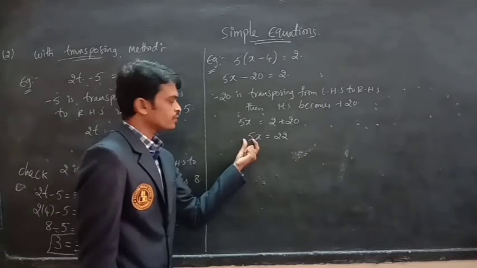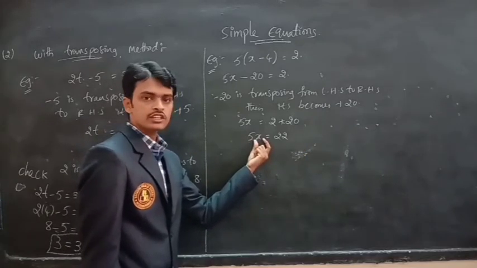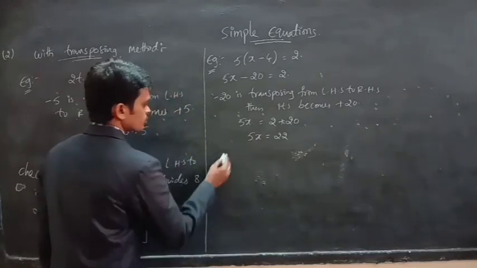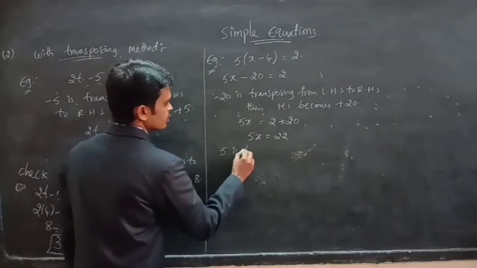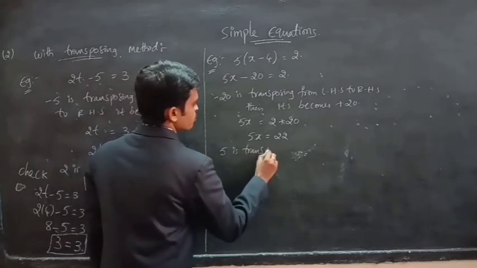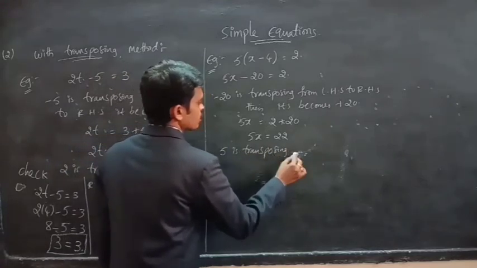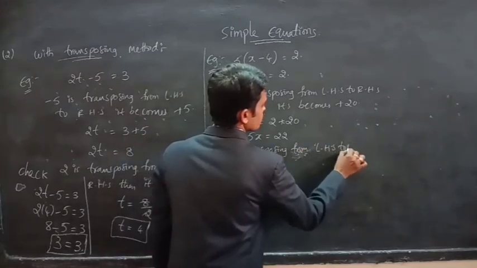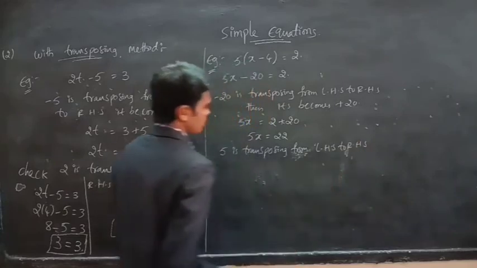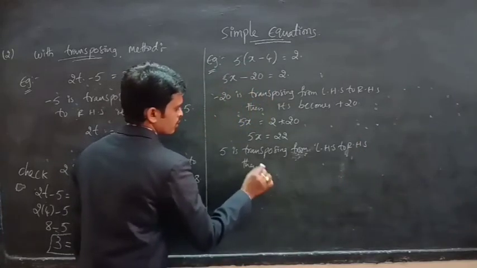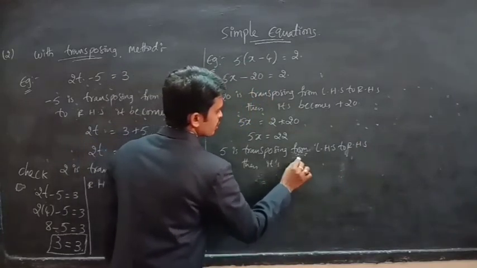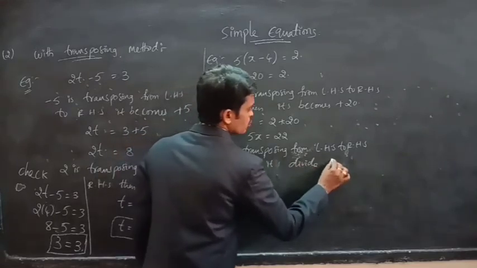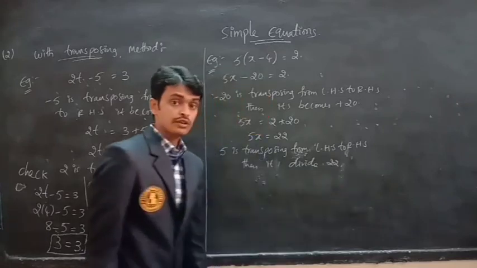Now this 5 is multiplying with the variable x. Then when it transposes to this side, it will divide. So 5 is transposing from LHS to RHS. Then it divides 22. Which will divide?